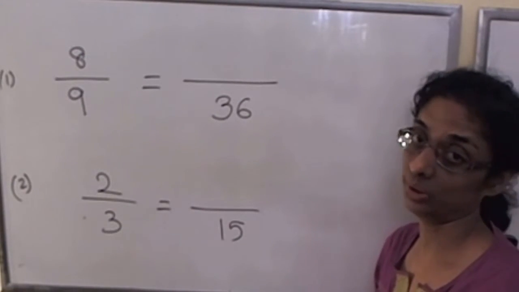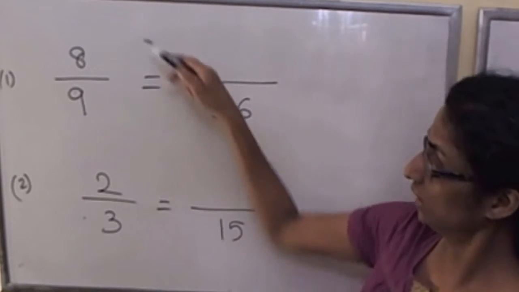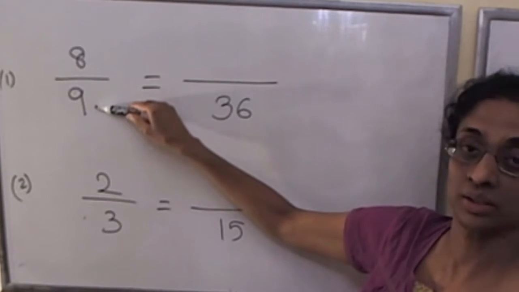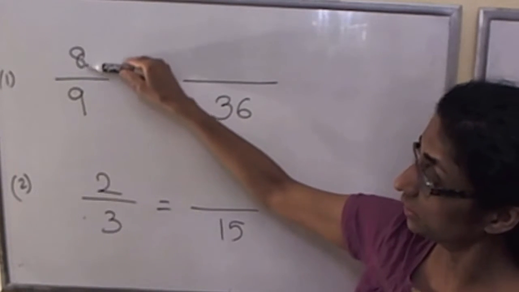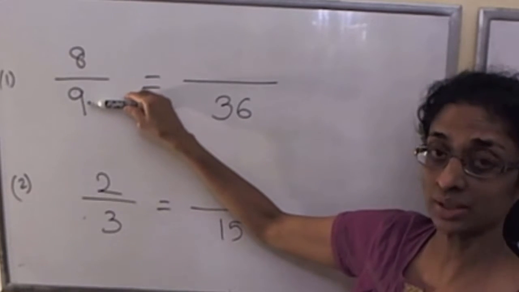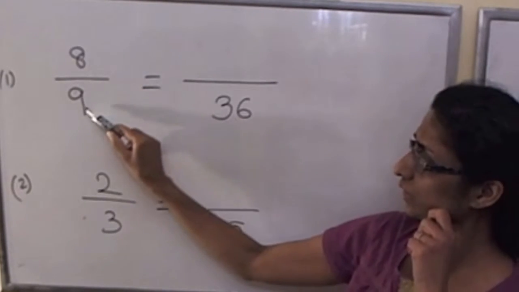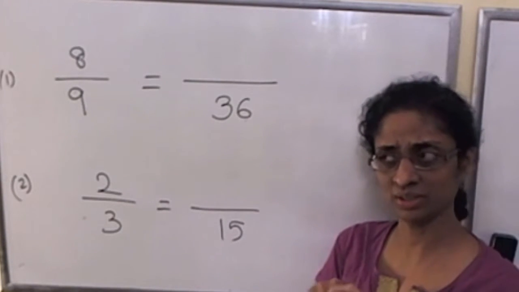What can we do? Well, let's think about the fundamental fact about equivalent fractions. What does it say? It says here's a fraction. It's fine to multiply both top and bottom, numerator and denominator, by the same non-zero whole number. So let's think. 36, 9. What's the relationship? 9, 36.